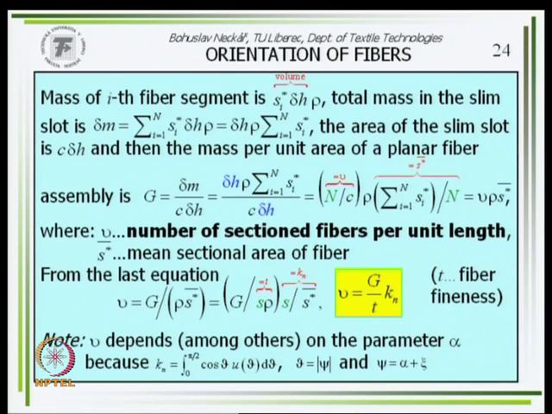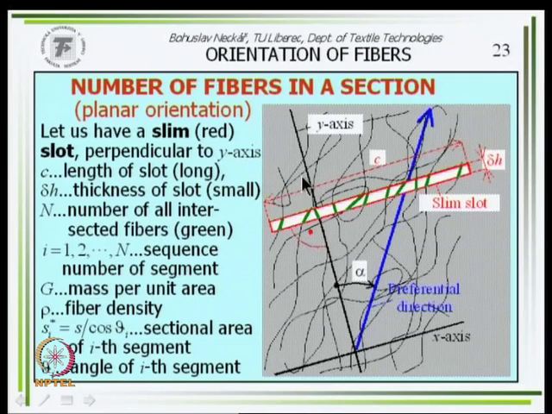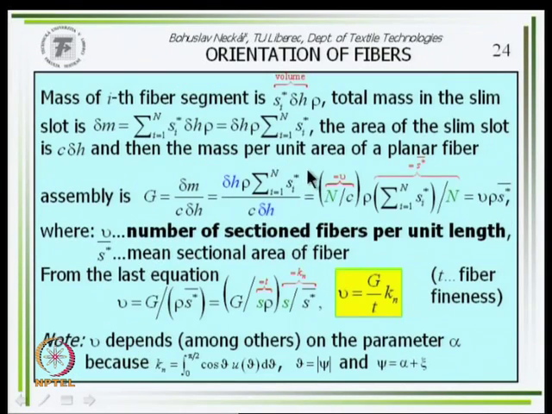It's possible. What is the sense of our mathematical structures now? What is N by C, the number of our earlier green fibers by C? It's the number of fibers per unit length of our section on our slot, isn't it? And total number by C.